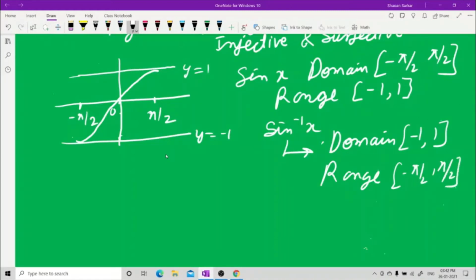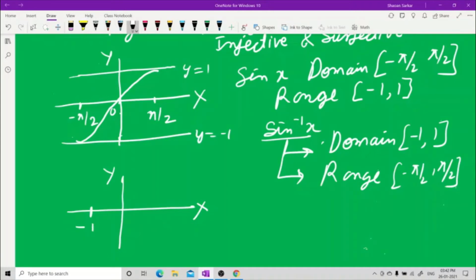This will now be the range for sine inverse x. So if I want to draw sine inverse x, this was my x-axis and this was my y-axis. Now this will remain the same. But actually now here -1 will come, here +1 will come, and here plus pi by 2, and here minus pi by 2 will come.